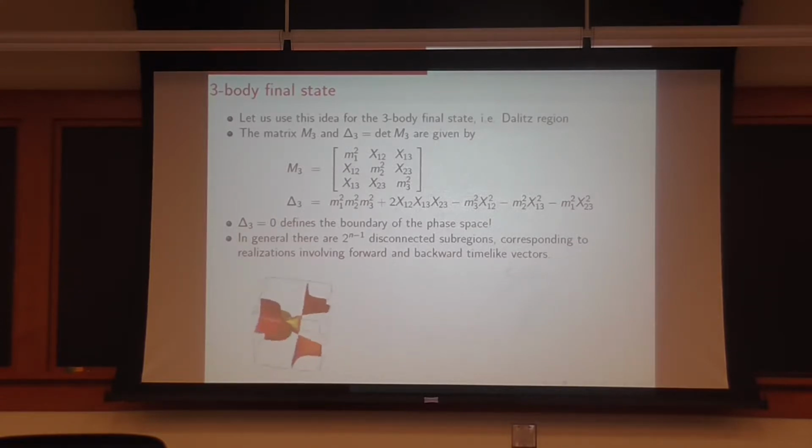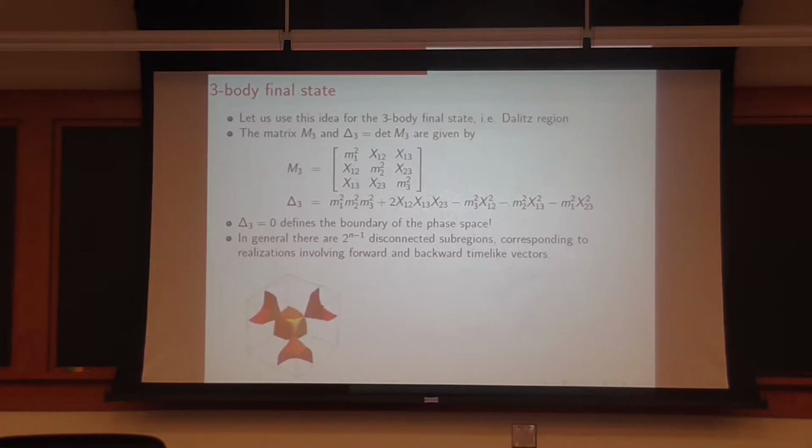Over here, I'm plotting exactly that. So delta_3 equals 0 is plotted over here, and the axes are just these x_{1,3}, x_{2,3} coordinates. Again, those x's are dot products of vectors.